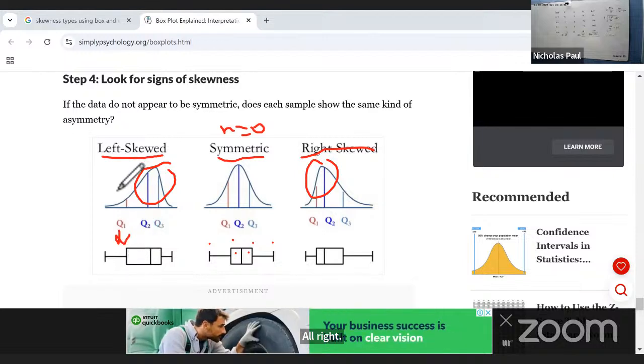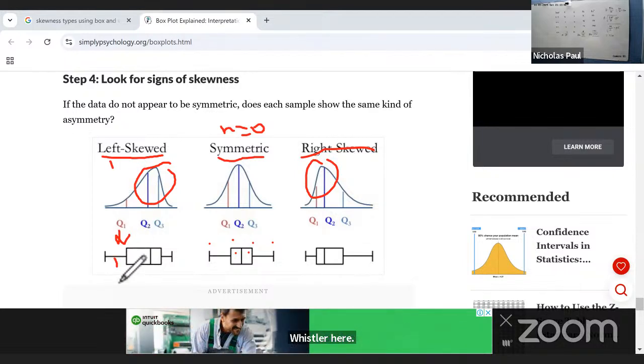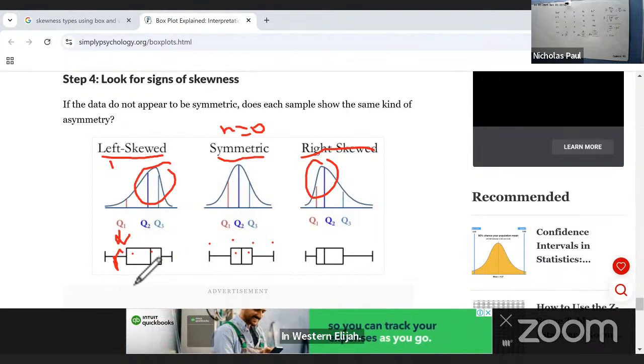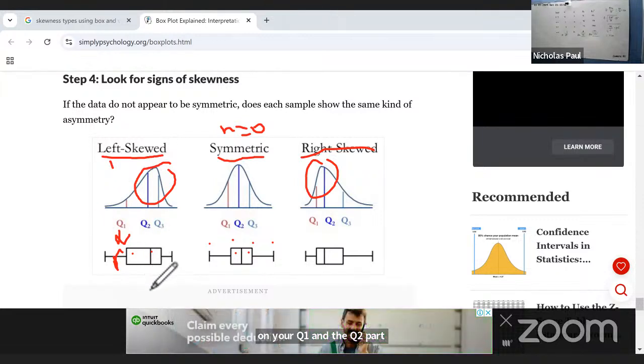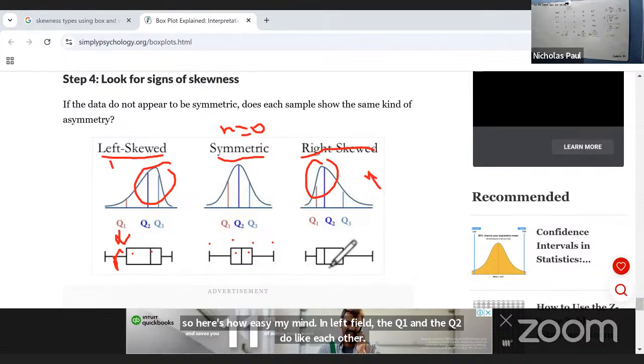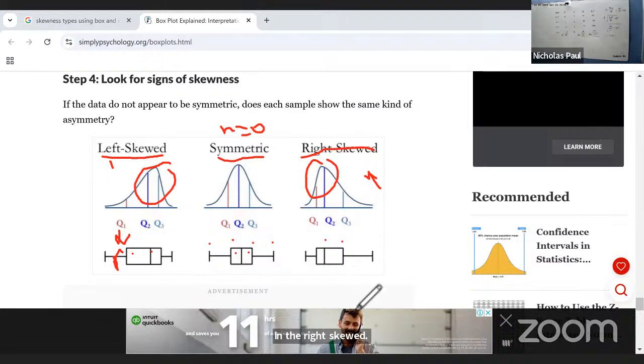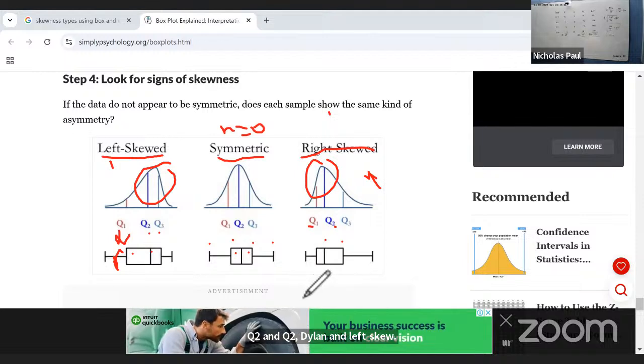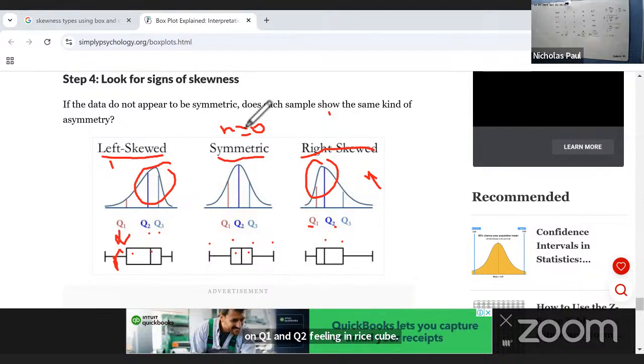For left skewed, the whisker here is larger, and the Q1 and Q2 parts are close together. In right skewed, the Q2 and Q3 are close together. Or the reverse. You can remember whichever one.